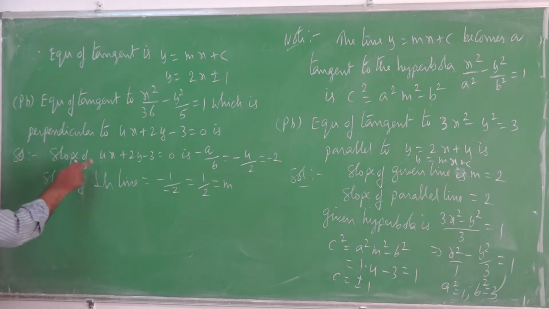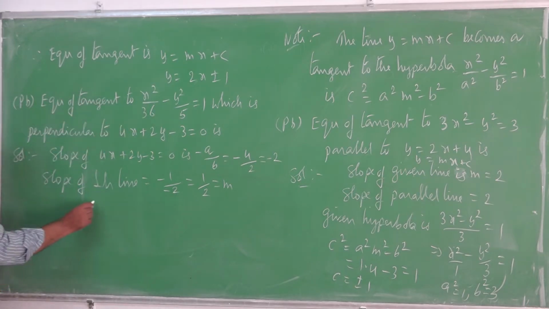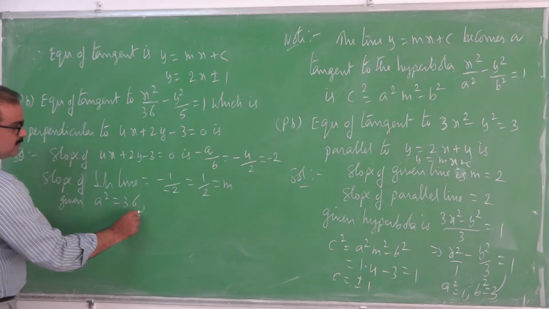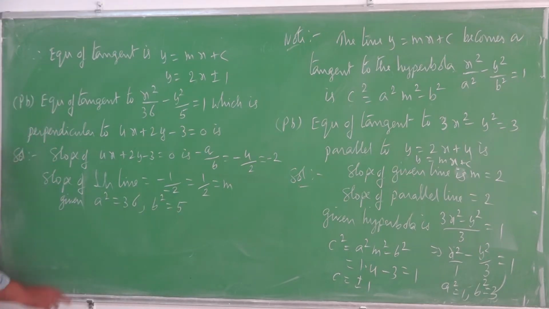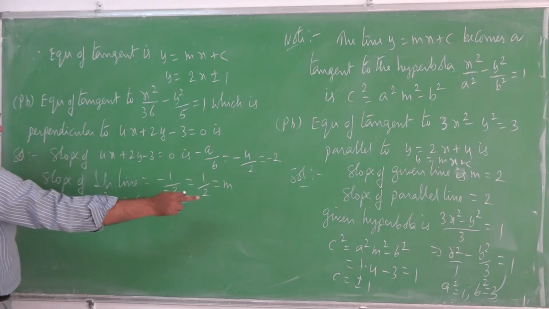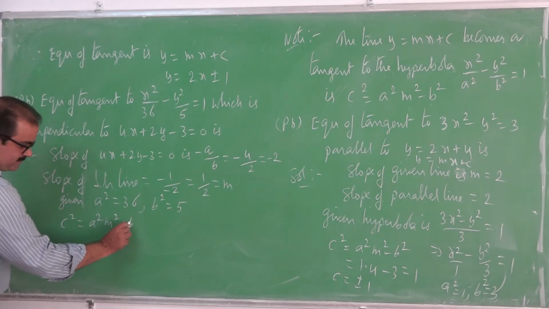This perpendicular line is tangent to this hyperbola. From this hyperbola, what is a square? Given a square is equal to 36 and b square is equal to 5. What is the condition for any line becomes tangent to the hyperbola? C square is equal to a square m square minus b square.